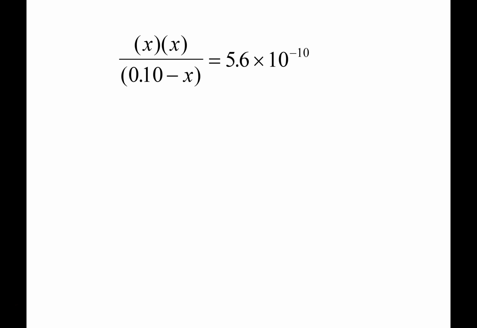But before the simplifying assumption, this is what it looks like. In the numerator we have an X and an X, representing your acetic acid and your hydroxide ion. In the denominator, the quantity we have is 0.10 minus X, which is your acetate ion at equilibrium.